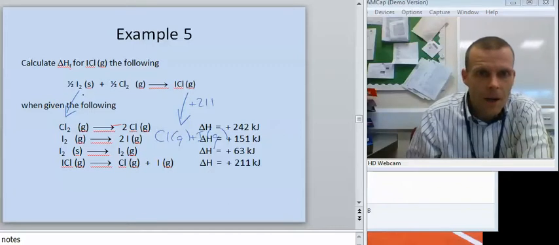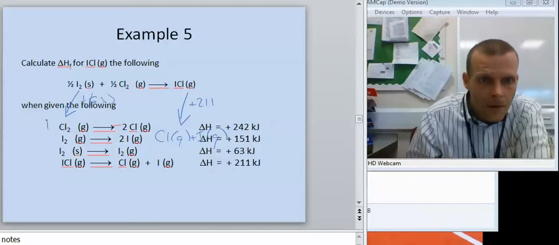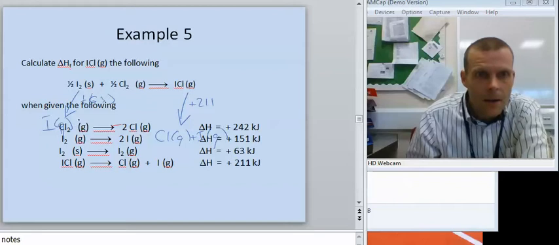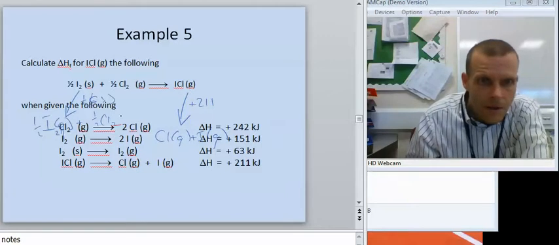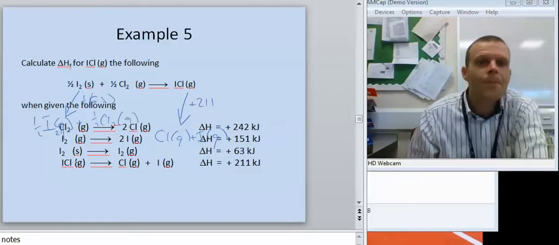So it's going to be half times 63, and that's going to give me I as a gas plus a half CO2. Half I2 gas, half Cl2 gas.